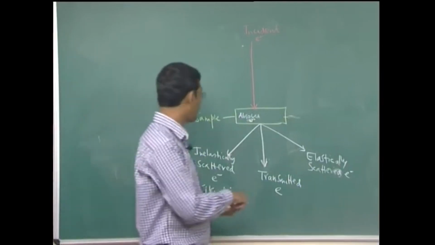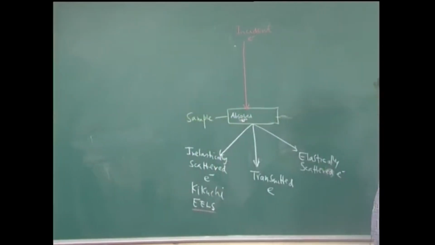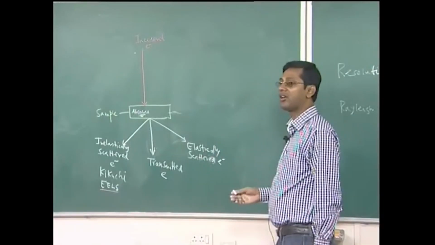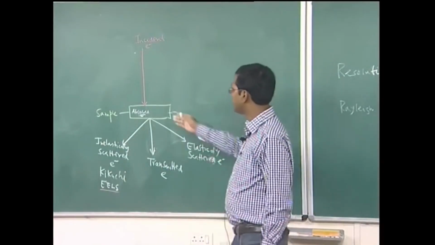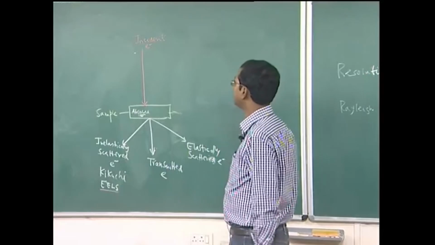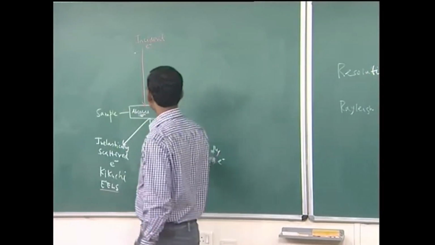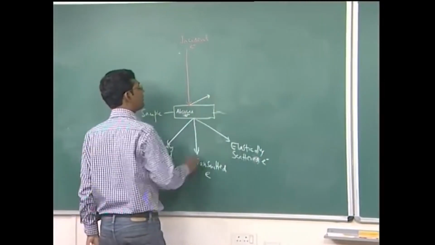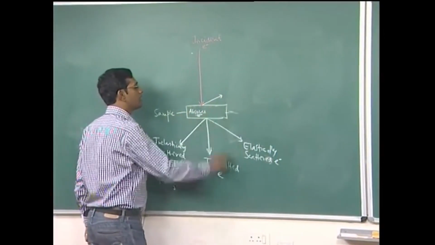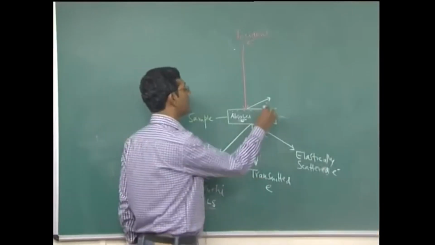Now, let us look at what happens to electrons which are reflected back or scattered in the other direction, that is, opposite to the direction of the incident beam. Some of the electrons will come from the very small thickness of the top surface of the sample. They are called secondary electrons.